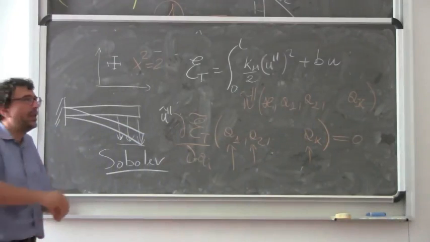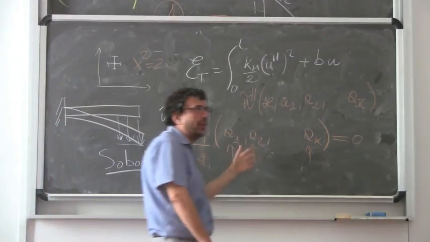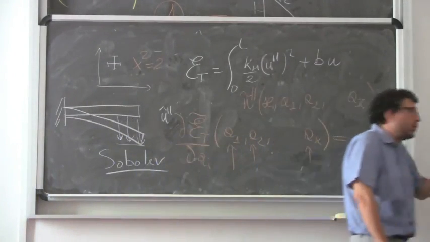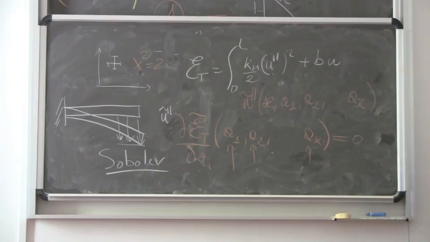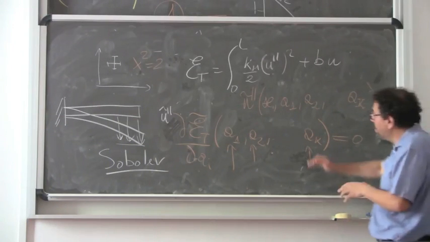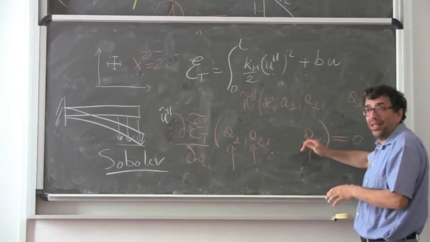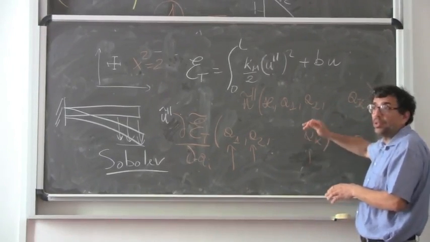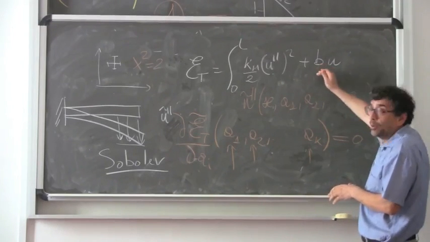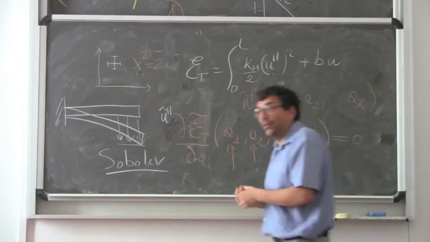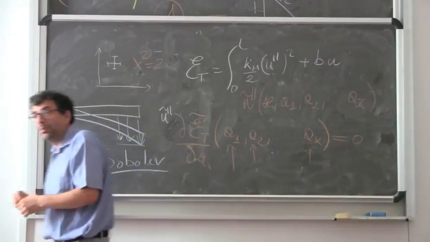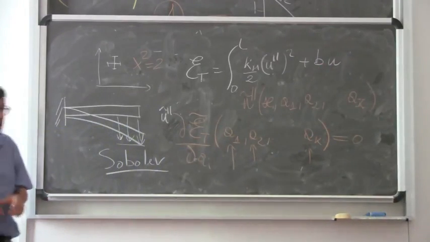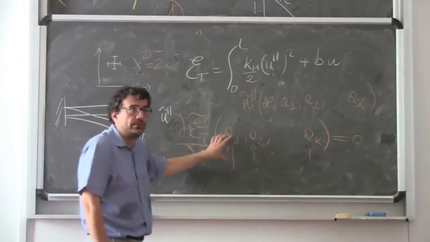Then you can have Newton's strategy for finding this solution. You can use many techniques, but these are much simpler and very well known because you have reduced the problem of finding the minimum of a functional to the problem of finding the minimum of a function.